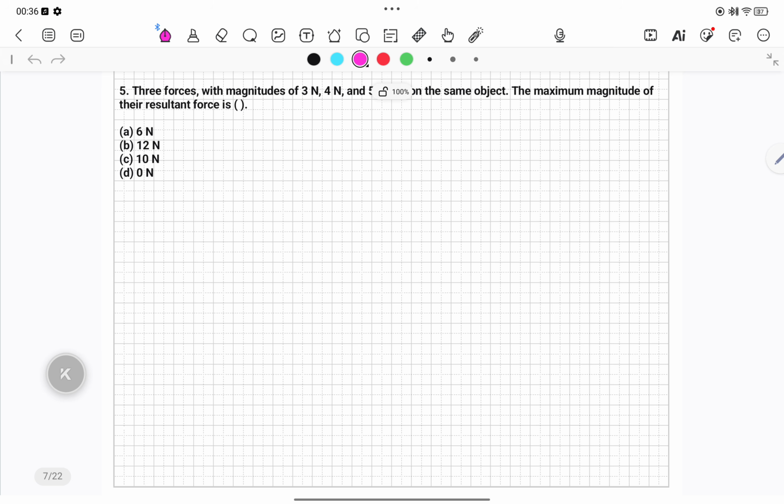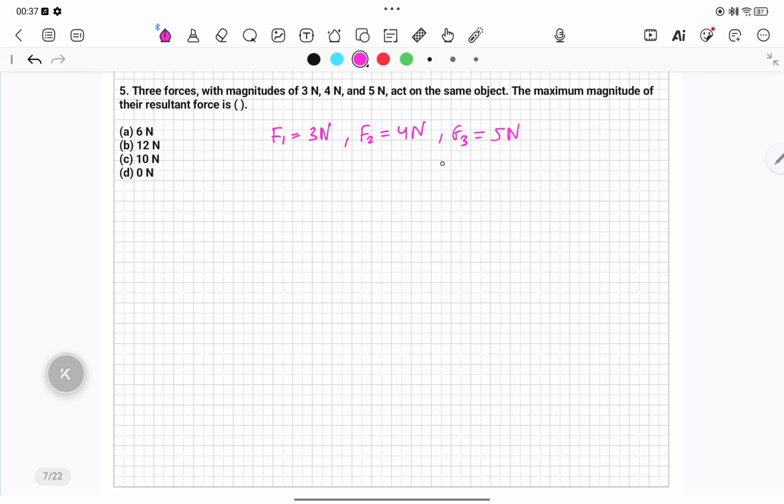Question number 5. Three forces with magnitudes of 3 Newton, 4 Newton, and 5 Newton act on the same object. The maximum magnitude of their resultant force is. So here three forces are given. Suppose the first force F1 is 3 Newton, F2 is 4 Newton, and F3 is 5 Newton.